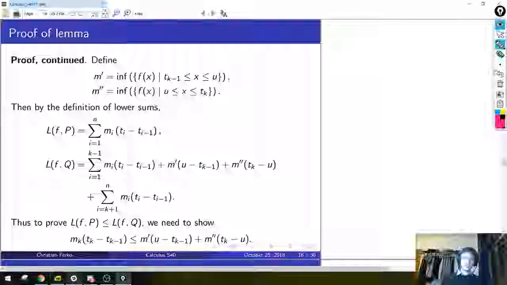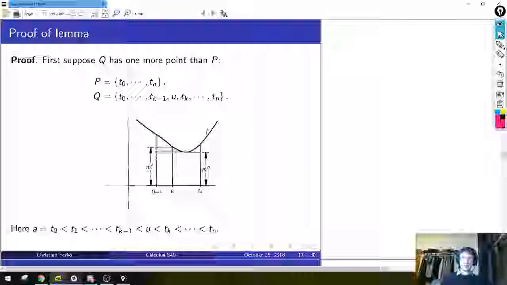So then, what's the actual math? All right, now we have to do some work. Oh, did I say the wrong thing? Yes, I'm sorry, what I just said was wrong. I forgot the way this proof goes. Well, what I said was actually true, but it's not what I wanted to say. M double prime was supposed to be the infimum on the second half. In this case, it happens that they're the same.